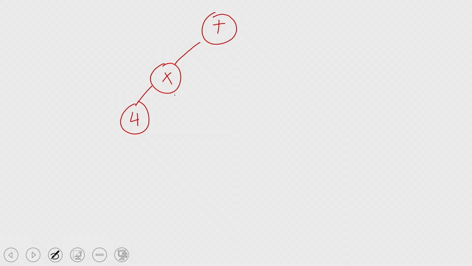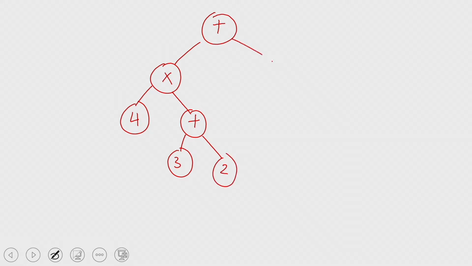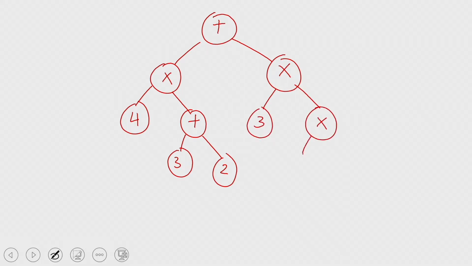For example, if you have a tree of this form, the tree will be evaluated bottom up.